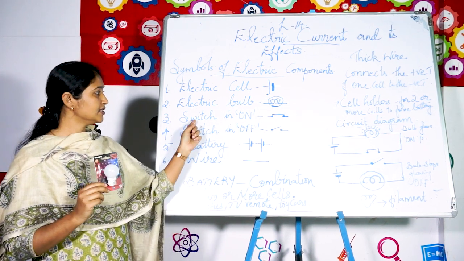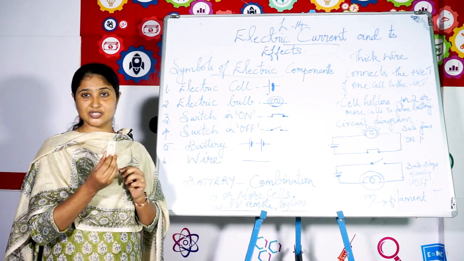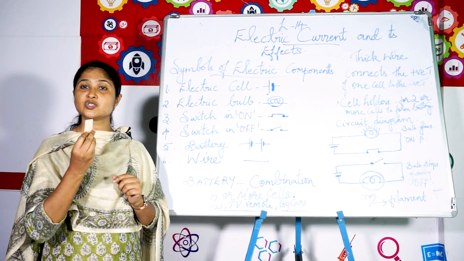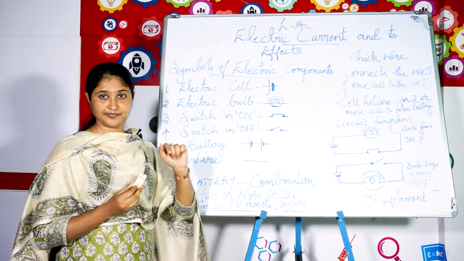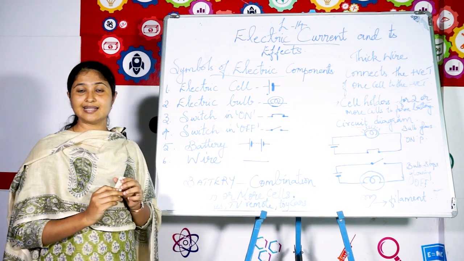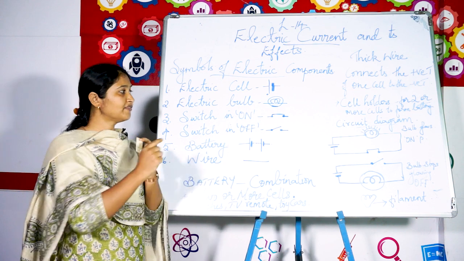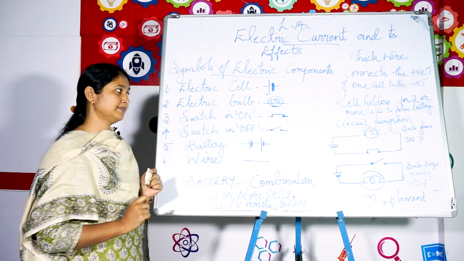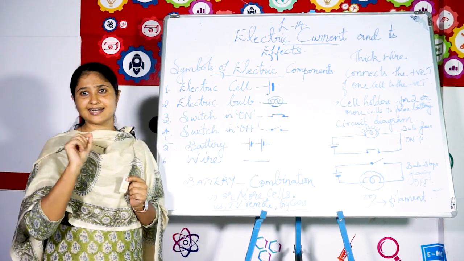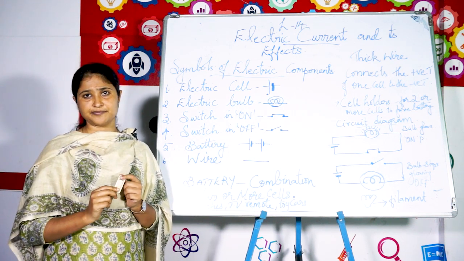Now the switch. You represent this switch like this. You have two dots and a closed line. That means the switch is in the on position. If both the lines are connected, that means your switch is in the on position.